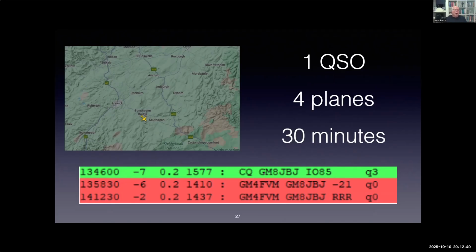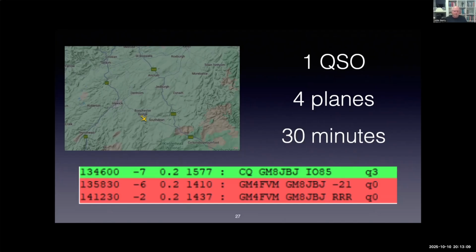And this is his receipt of me, he received my CQ. At 13:58, another aircraft came along and gave us -6, and he received my giving him a signal report of -21. And then at 14:12 and 30 seconds, another airplane, -2, and we got the RRR, the all received, both.